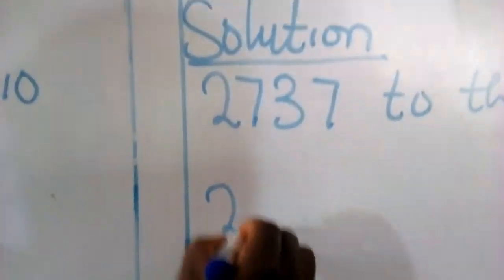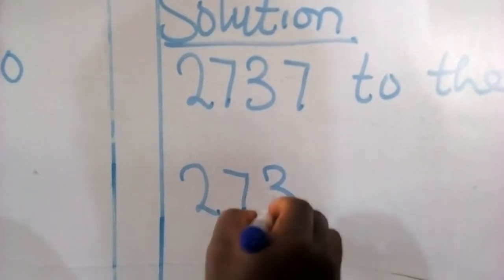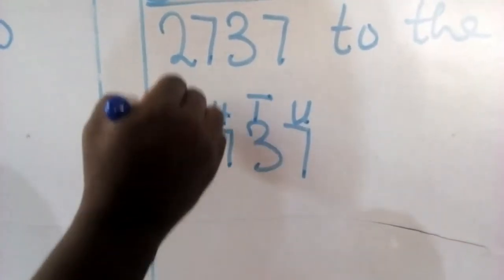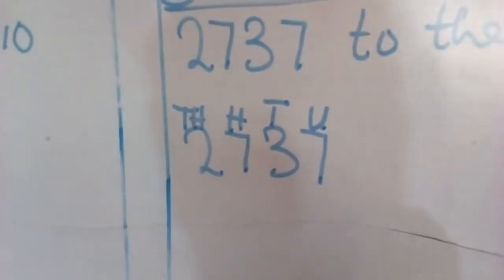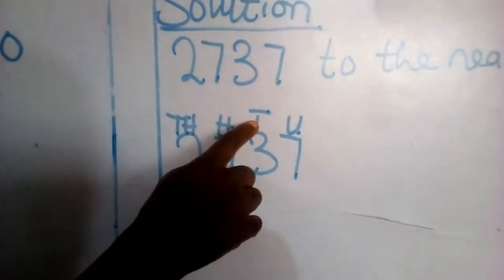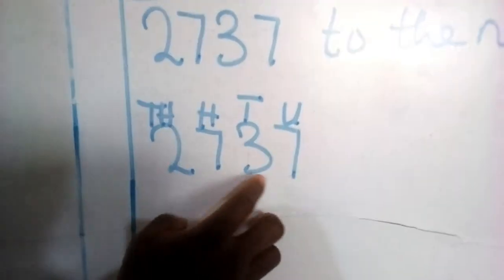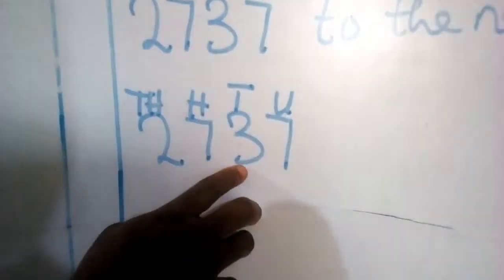We place our values: 2737, unit, tens, hundred, thousand. To the nearest 10. Remember, it is this 10 we are looking at. So we are looking at the units and the tens, 7 and 3.